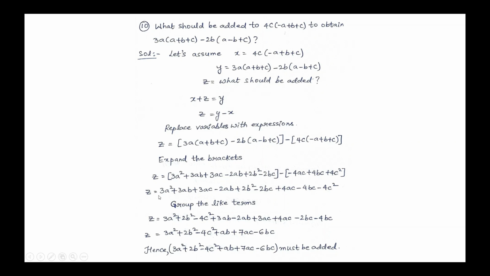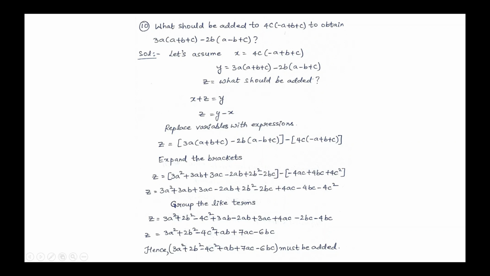So z is equal to 3a square plus 3ab plus 3ac minus 2ab plus 2b square minus 2bc plus 4ac minus 4bc minus 4c square.